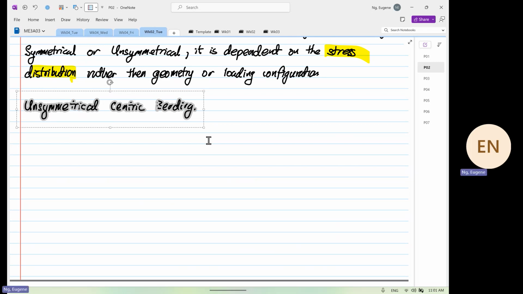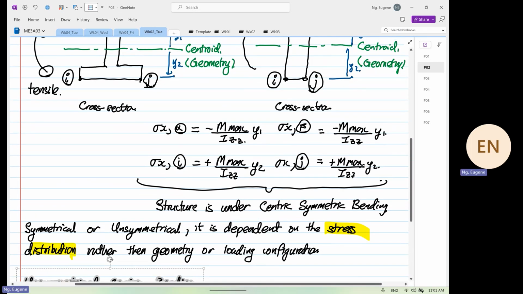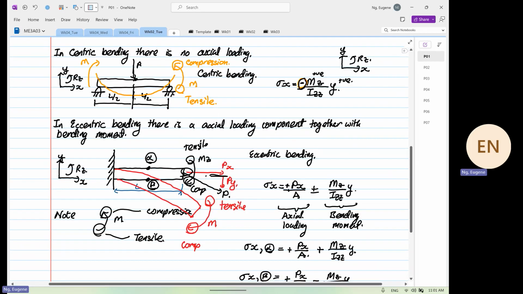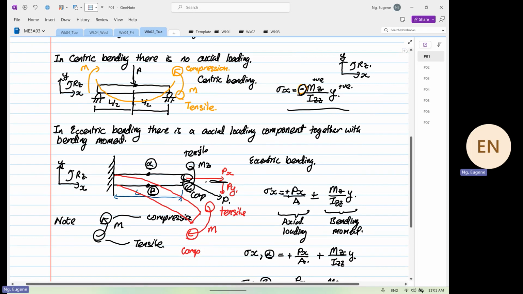Maybe Dr. Koshi didn't mention what is symmetrical and what is unsymmetrical, but you all have done this unconsciously. Because if I write down the formula for you, you have seen that, yes or no? So now, before I go on, have you all seen this formula before? Yes, okay.